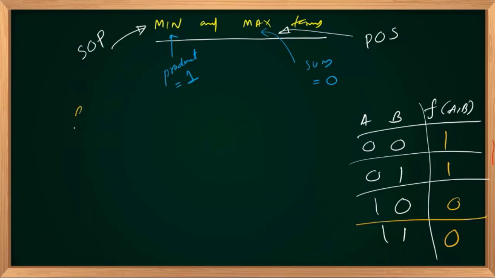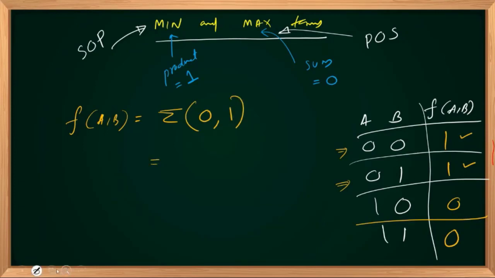The function can be represented as f of A comma B equal to, using min terms. Min terms are where f equals 1, so these two combinations, 00 and 01. 00 has decimal equivalent 0, and 01 has decimal equivalent 1, so sigma of 0, 1.